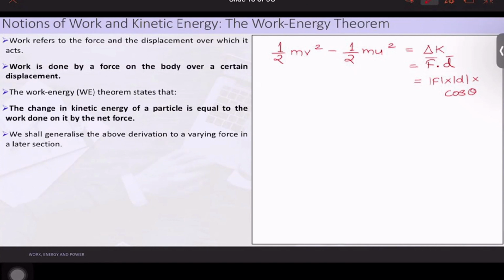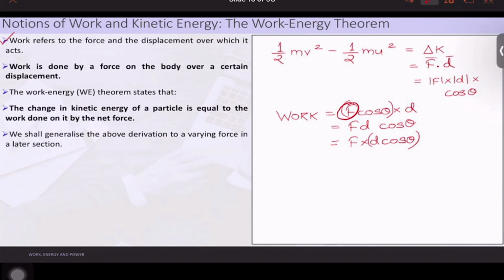Okay. We understood one more thing. We understood what work is. Work is nothing but equal to F cos theta into D, or F D cos theta. The work refers to the force and the displacement over which it acts. So its work depends upon the force and the displacement.